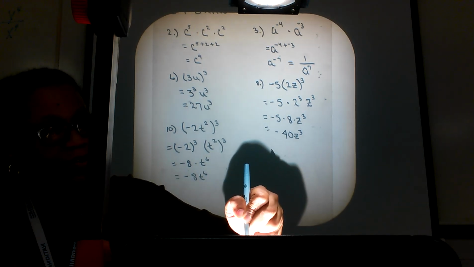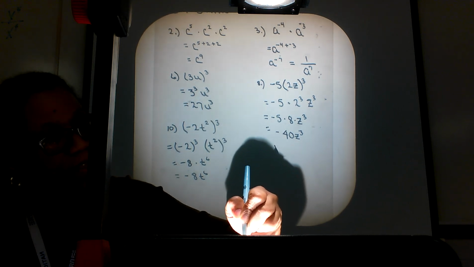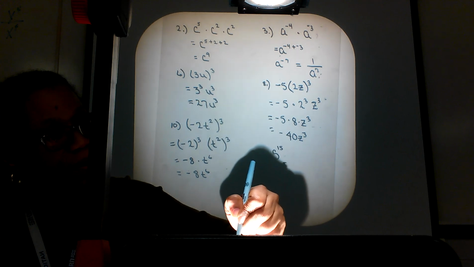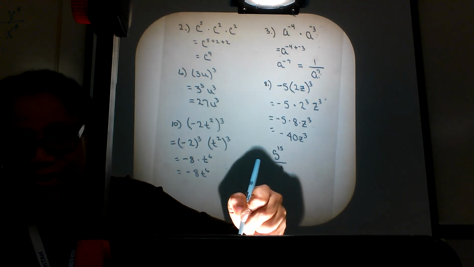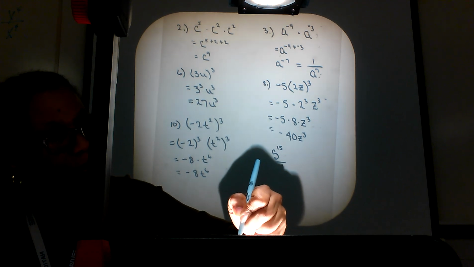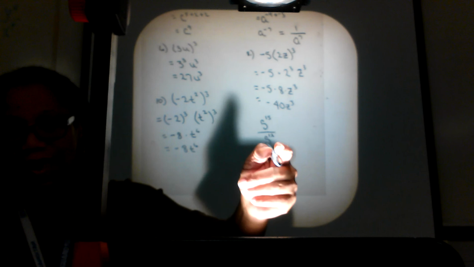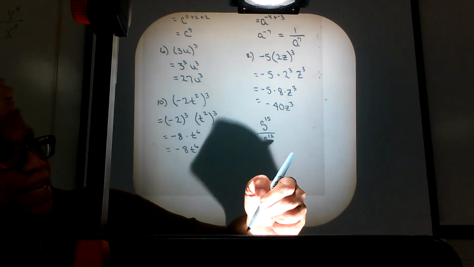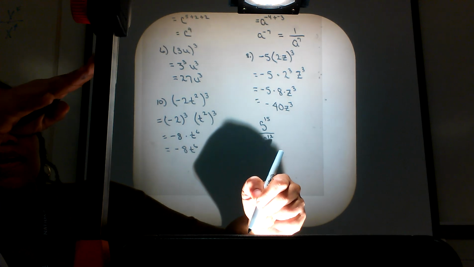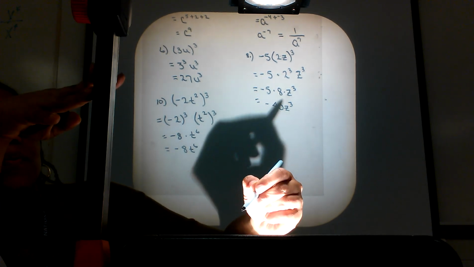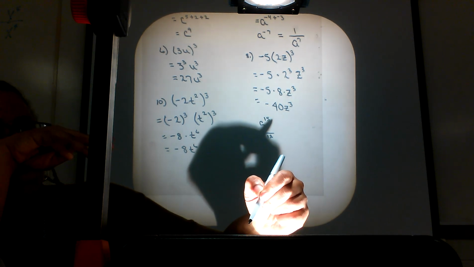All right, number 12. S to the 15th power over S to the 12th power. I told you my suggestion is to take the smallest exponent and bring it up, or wherever the biggest exponent is, bring it to the biggest exponent, okay?